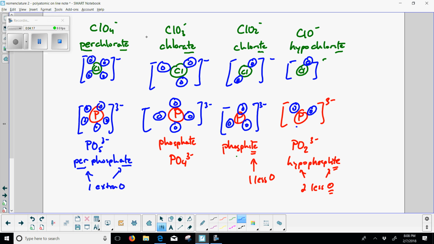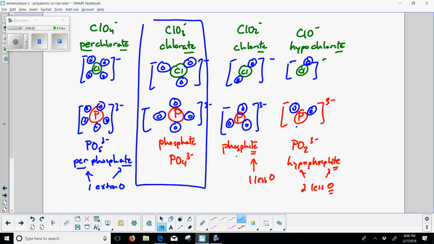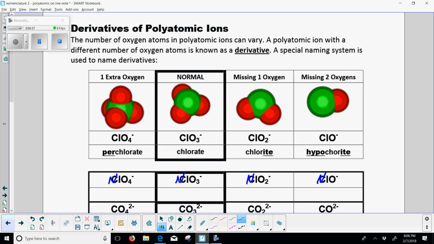So the system that we use is simple. The typical polyatomic ion is in the middle, and then you change the ending. If you have 1 less oxygen, it's ite. 2 less oxygens would be hypo-ite, and if you have an extra oxygen, you use the per-ate system. This is what you have on your handout.